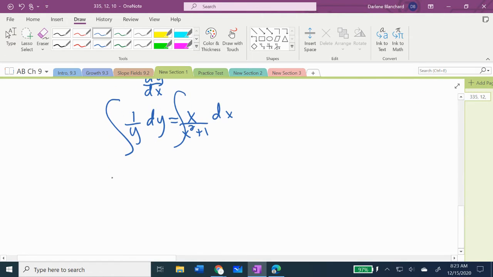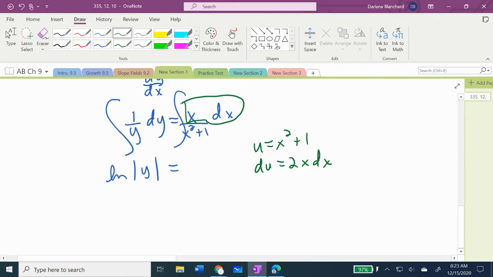On the left side, the integral is natural log of absolute y. On the right side, you're going to have to do a u substitution. The u is x squared plus 1, the entire denominator. And then x times dx is replaced with 1/2 du.